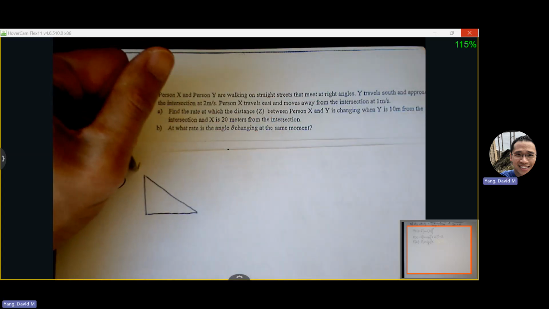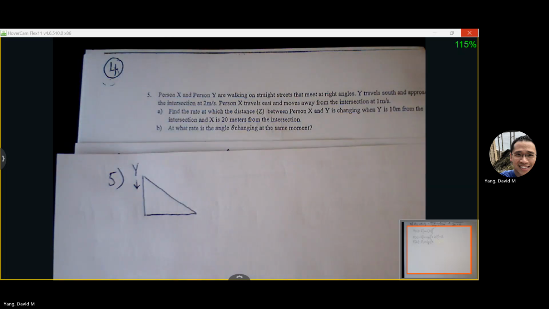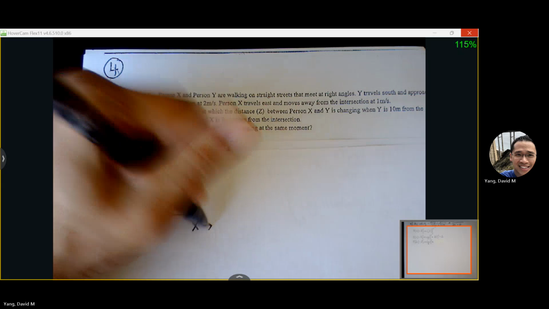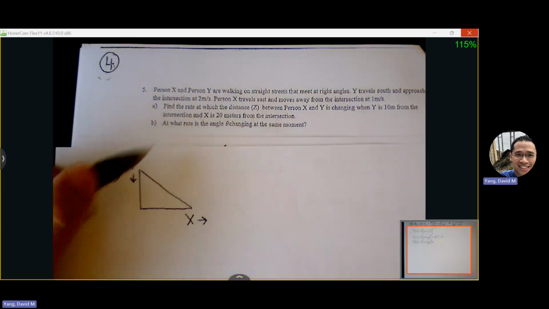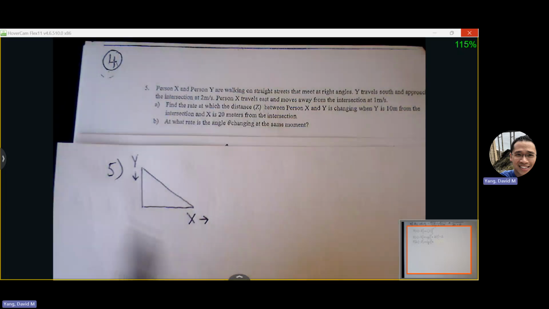Y is traveling south. X is traveling east. So person Y is heading towards the intersection. The person X is moving away from the intersection.